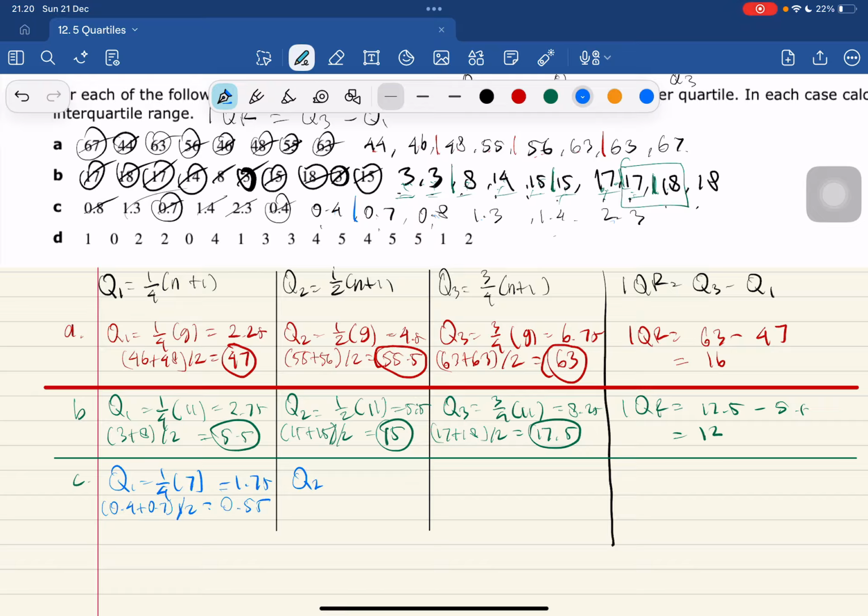Now quartile 2: 1 over 2 times 7, so 7 divided by 2 is 3.5. So 1, 2, 3 are here. So we have 0.8 plus 1.3, divided by 2. So this quartile is 1.05.